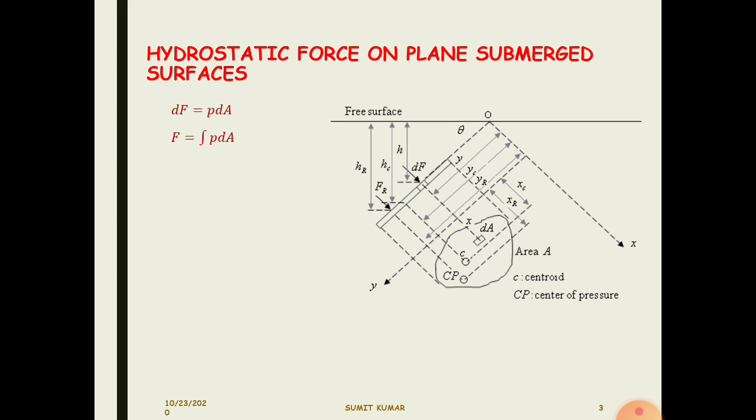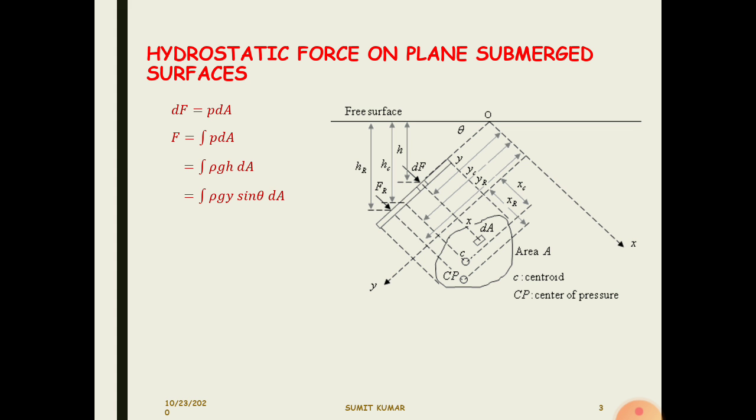The total force can be calculated by integrating the elemental force. Here the value of pressure P will be rho g h, where h is the vertical depth of the elemental area dA from the free surface and is equal to y sin theta.